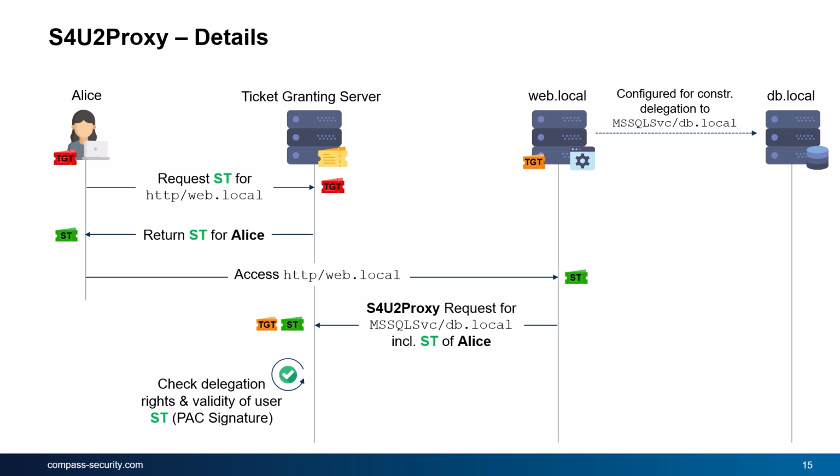Again, if every check is passed, the ticket granting server will issue the requested service ticket, now specifically for Alice. So this is a service ticket for Alice towards MSSQLSvc on db.local. And with this service ticket, web.local can then connect to db.local and essentially act as Alice. So this is the whole process of how S4U2Proxy plays out.